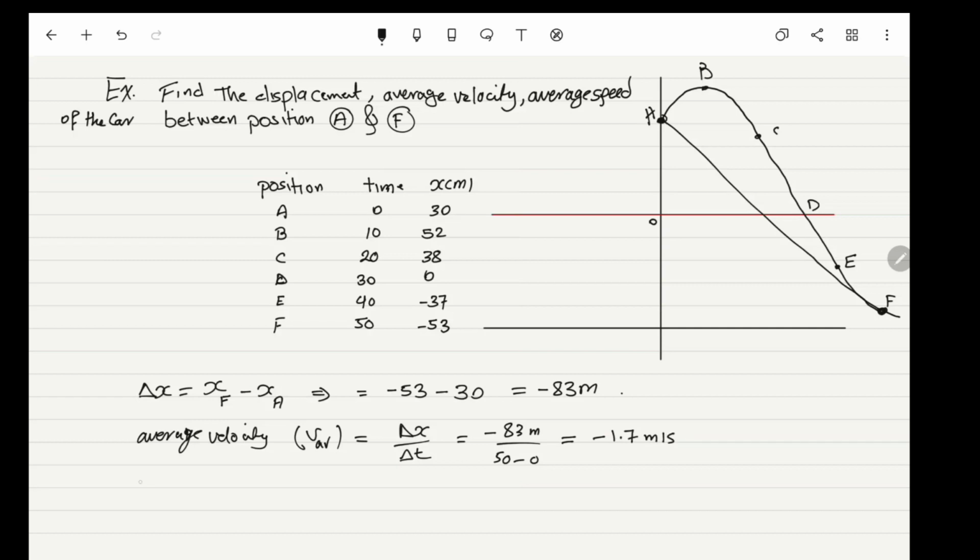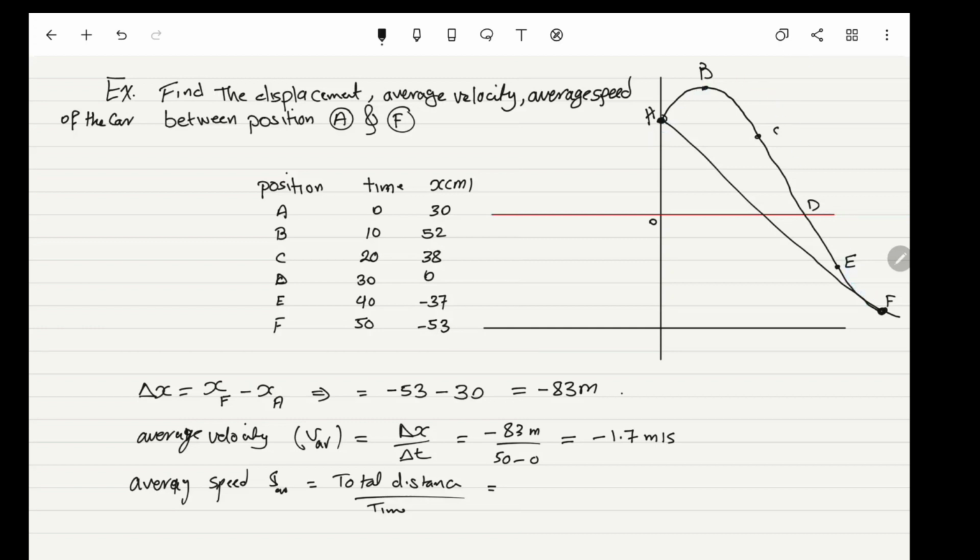Now to calculate the average speed, we need to know that average speed equals total distance over time. Actually, we cannot calculate the total distance from this curve.